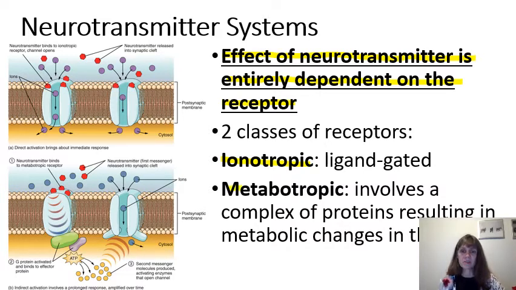Metabotropic receptors involve a much more complex system of proteins that, when activated, result in metabolic changes inside the cell. Metabotropic receptors are involved in a system called a second messenger system. We'll take a look at that.